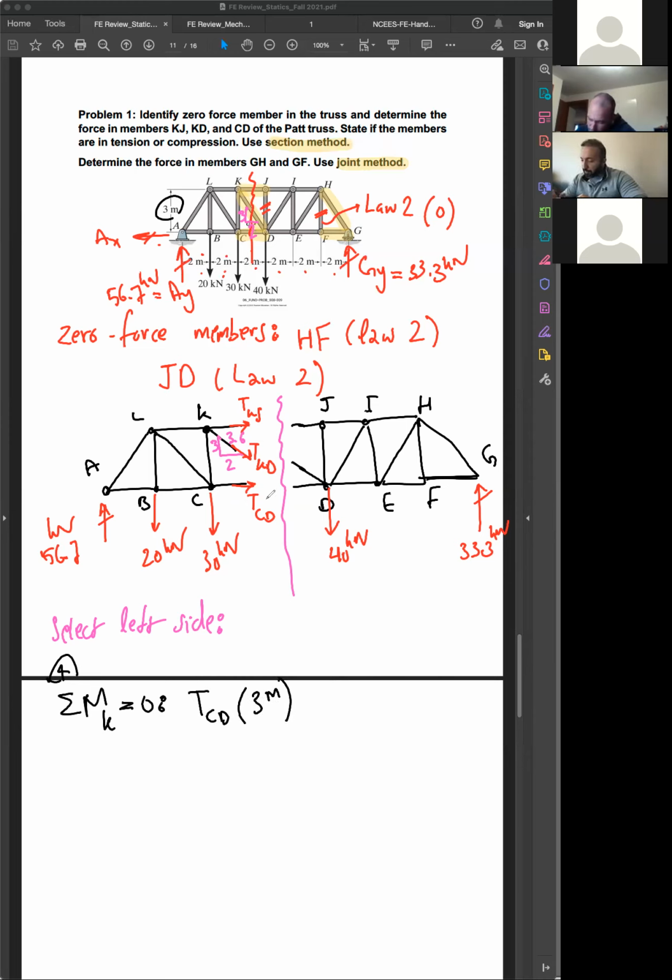Okay. These two guys wouldn't appear in your equation. Then you have this guy, 30, it is clockwise. So 2 and 2 would be 4. So each of these guys is 2, right?